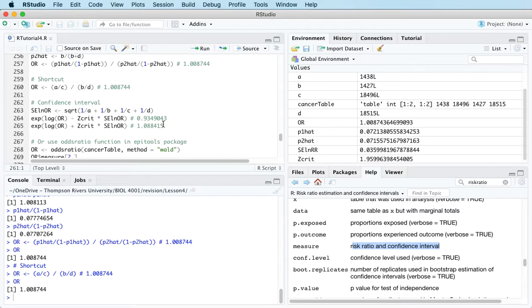Okay, so that tells us the odds ratio, and so it's the ratio of the odds of a woman developing cancer in the aspirin group relative to the odds of a woman developing cancer in the placebo group. Okay.